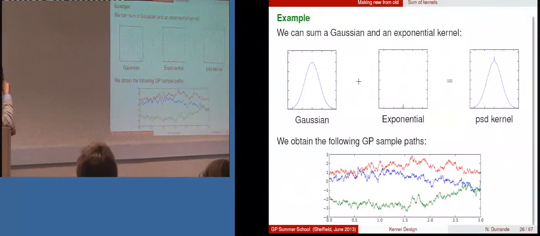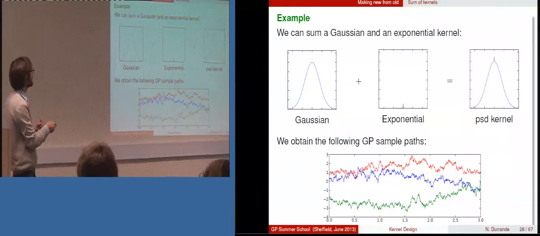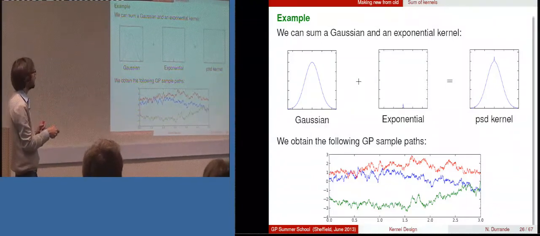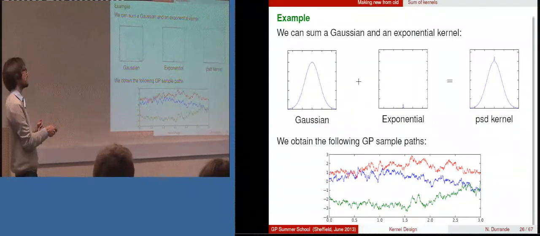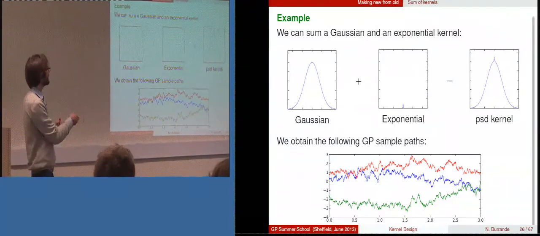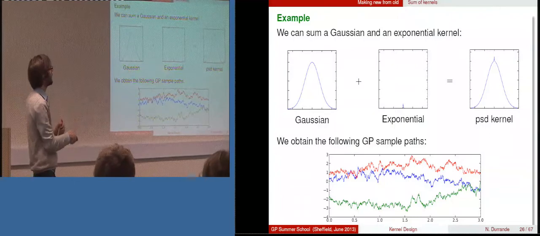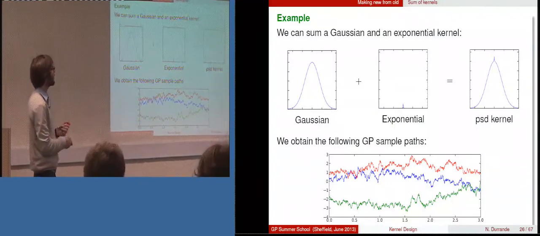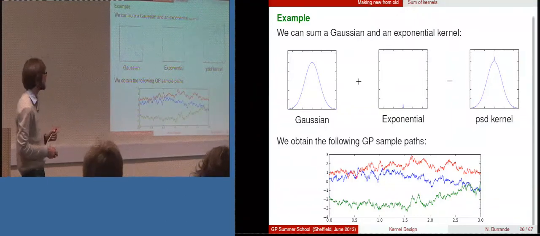Now let's look at an example. Here I take a Gaussian kernel and a very small exponential kernel. We end up with a new function that is positive definite. This is an example of a sample path.